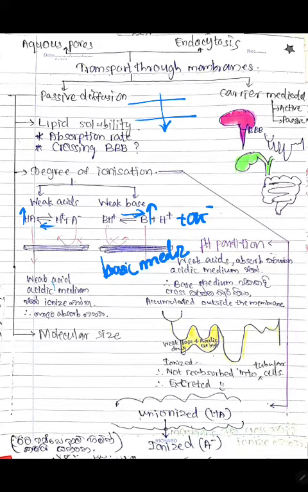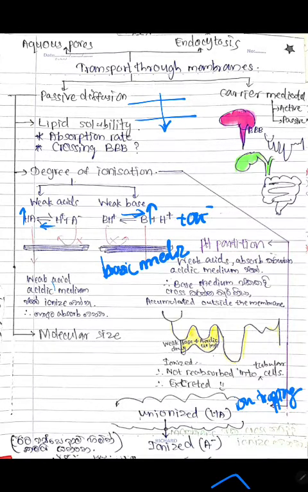Then the molecular size, it is not very important. I have missed something. On the degree of ionization, we come across two terms, pH partition and ion trapping.